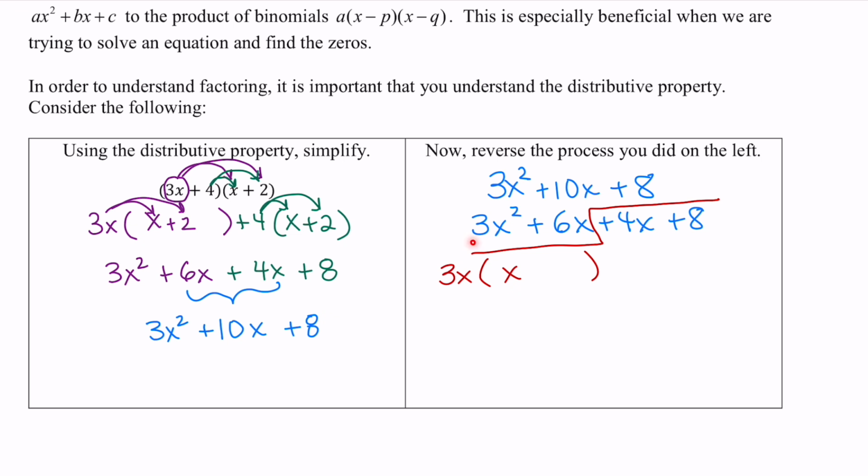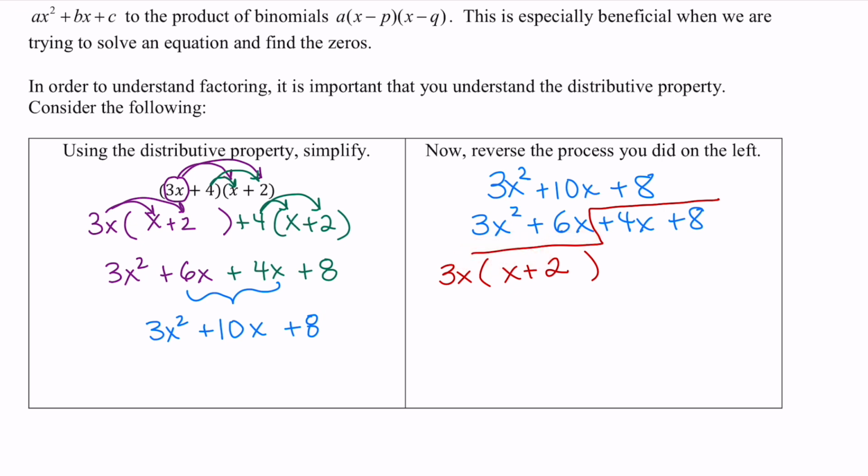So we're dividing 3x squared by 3x, and the 3's cancel and one of the x's cancels, and we are just left with an x. And then we have plus 6 divided by 3x, which is 2. So 3x times x is 3x squared, and 3x times 2 gives us 6x.